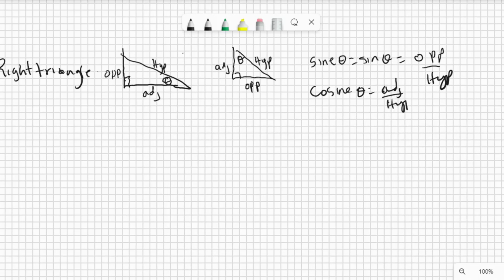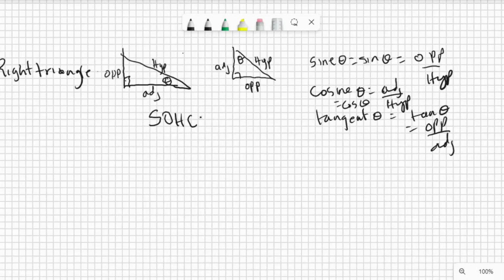And tangent, or tan, is a ratio between opposite and adjacent. So these are just ratios. The 3 ratios we can combine together, and people say SOHCAHTOA. Sine is opposite over hypotenuse, cosine is adjacent over hypotenuse, tan is opposite over adjacent.